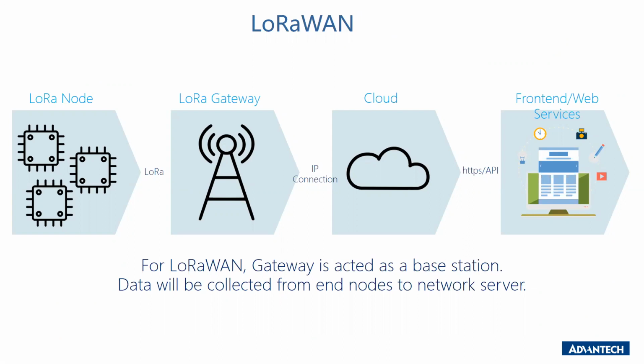Think of it this way: for what we're talking about, all the key Advantech use cases are for private LoRaWAN instances. What that means is that the data is being collected from a node to a gateway and then some kind of IP connection to the internet, and then from there the web services are accessing that data.